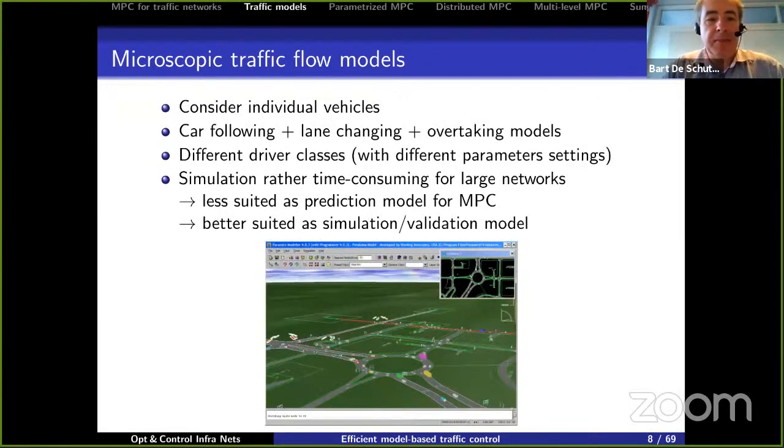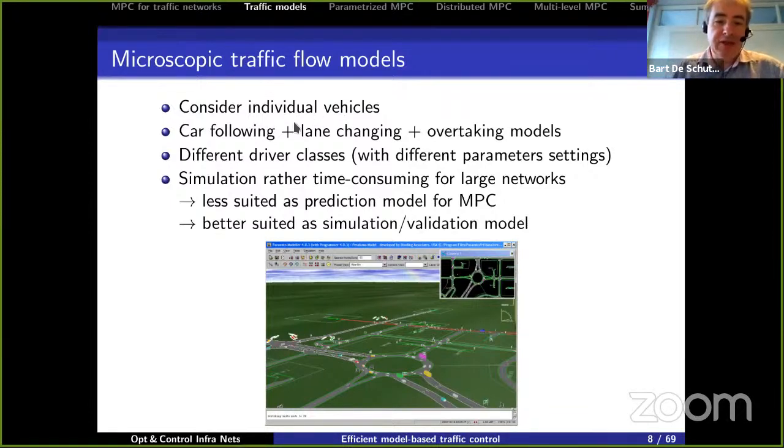So let's first look at the microscopic traffic flow models. They consider individual vehicles, and they describe some of the behaviors that cars may have. How does a car follow its predecessor? Here we mainly look at the distance keeping between a car and its predecessor.